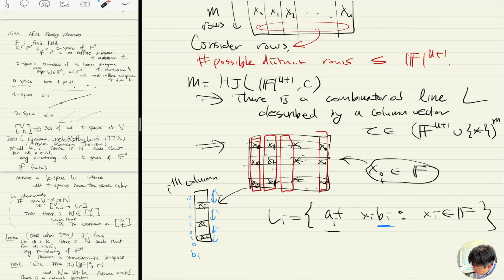And then this represents the ith column, and this is a line, this is an affine line, right? It's a one space.